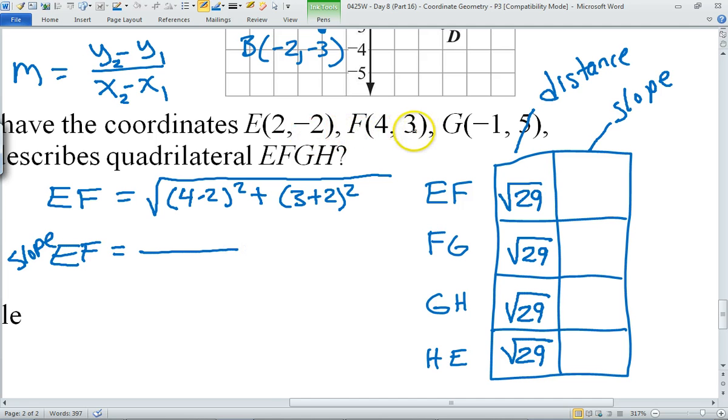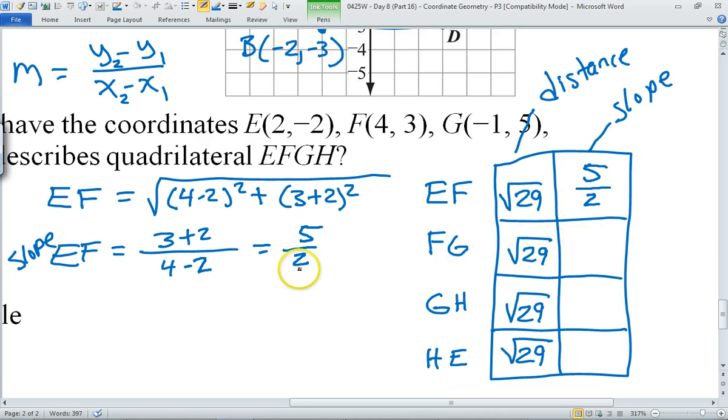So that's 3 minus negative 2, or 3 plus 2, over 4 minus 2. So that's going to give me 5 over 2. So the slope of EF turns out to be 5 over 2.